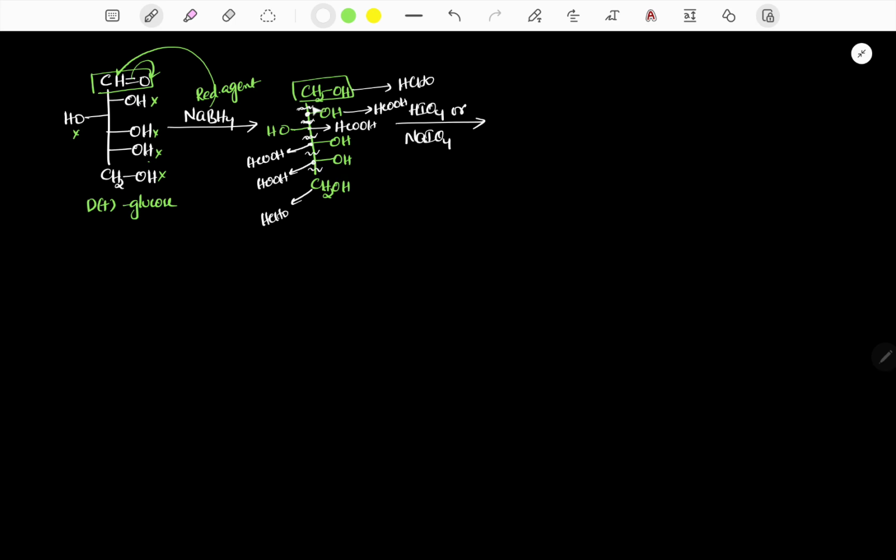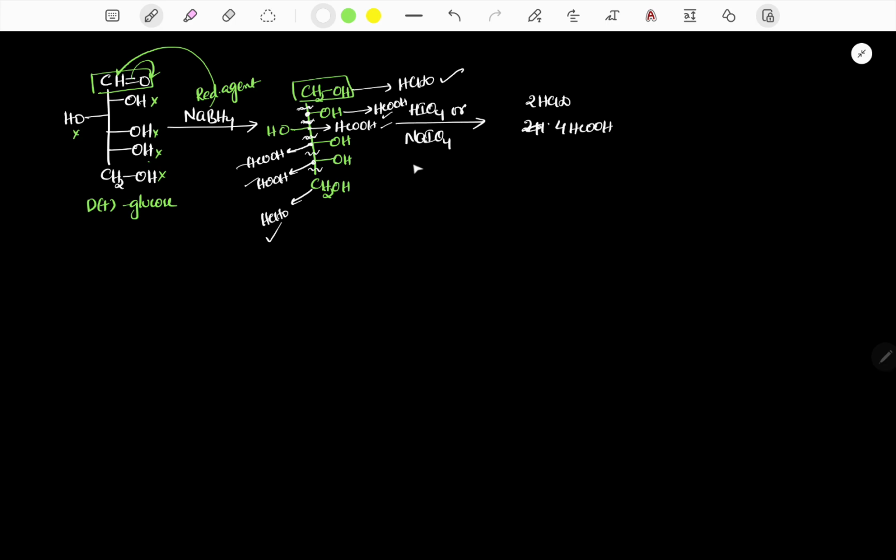If I break one C-C bond, it is one time oxidation. If I break two C-C bonds, two times oxidation. Therefore finally we are getting 2 moles of formaldehyde and 4 moles of formic acid.